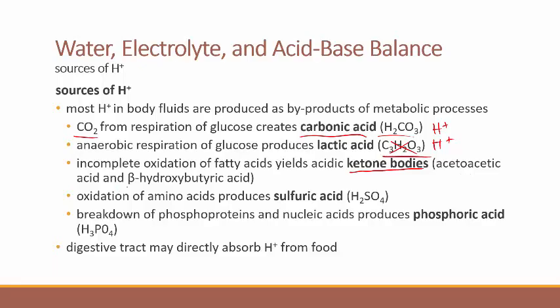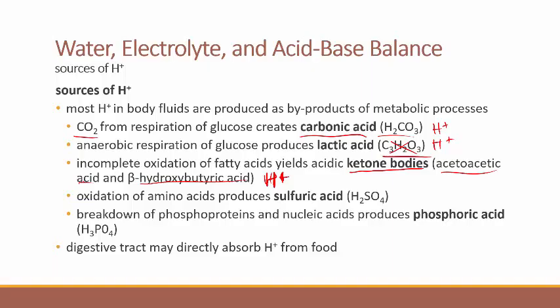These two ketone bodies will also drop off hydrogen ions in solution. So let's say you're going on a diet, you're not eating much in the way of carbohydrates, and because of that you're burning fat in order to make glucose so that we can make ATP, and in the process lots of these ketone bodies are going to be produced.